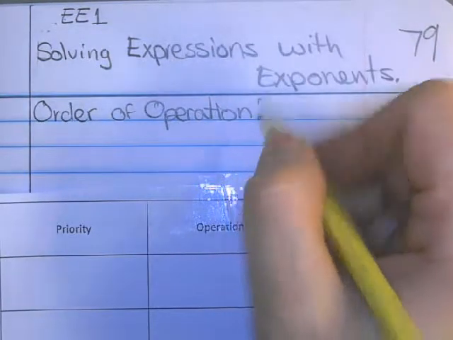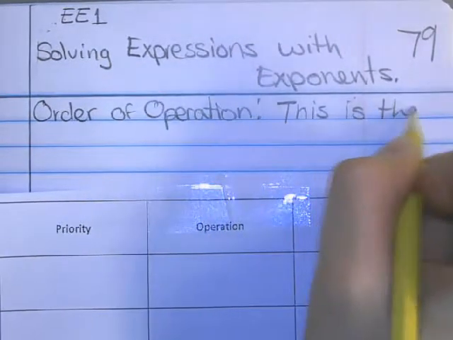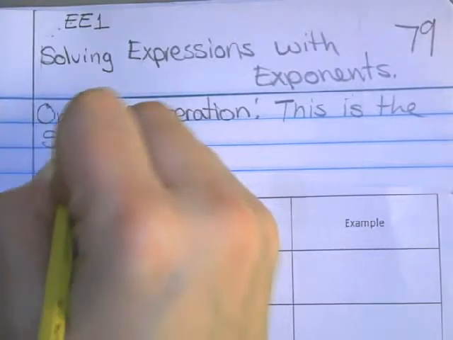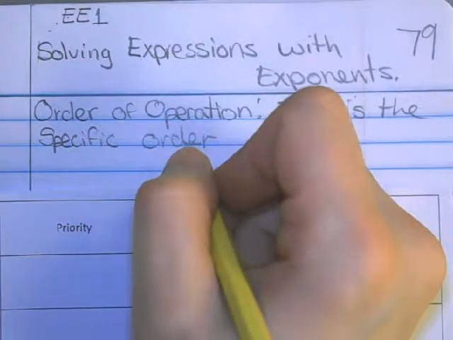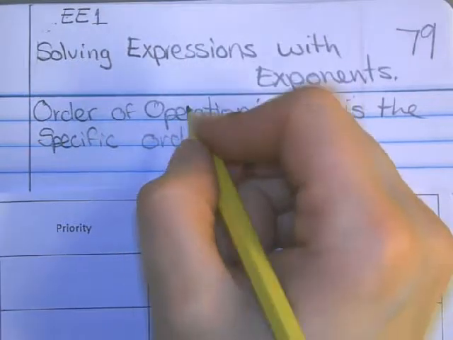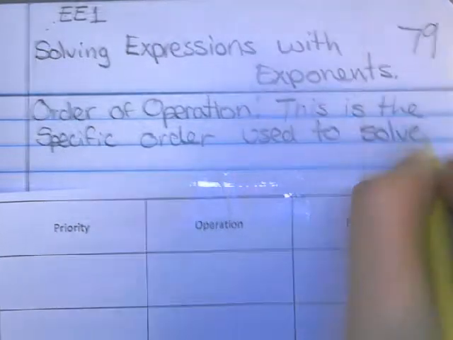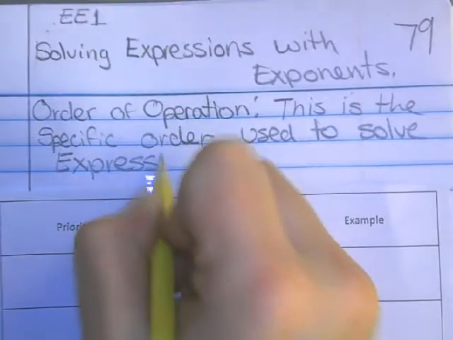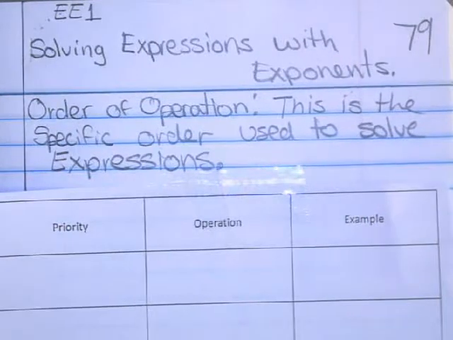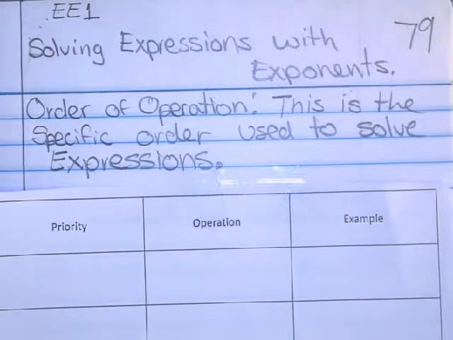So we're going to talk about the specific order used to solve expressions. It's the order that everybody follows, so that we all arrive at the exact same answer.